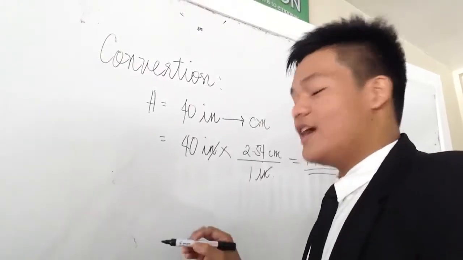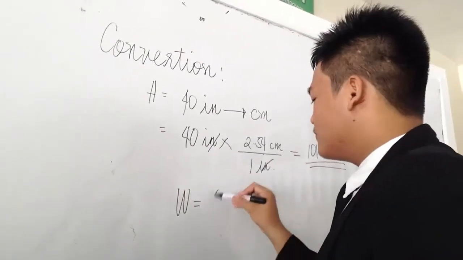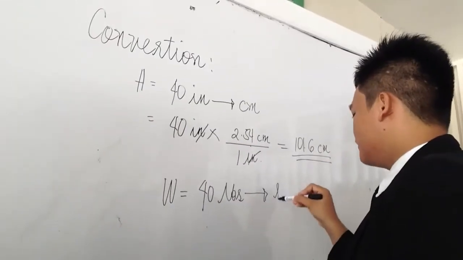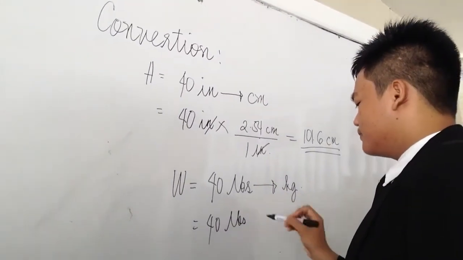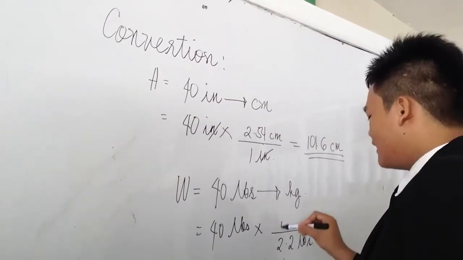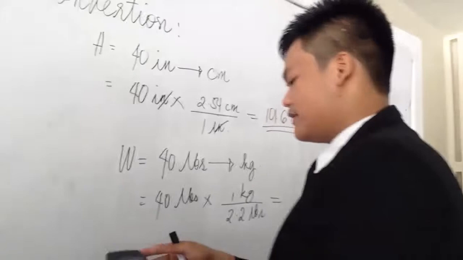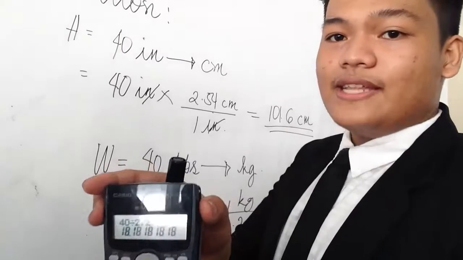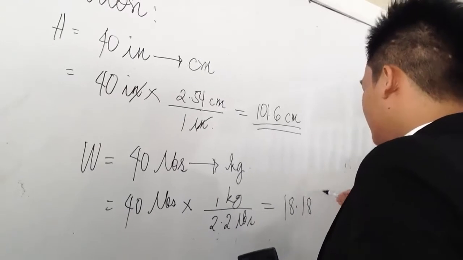So let's convert the child's weight. Okay, so remember, his weight is 40 pounds, and we will convert that to kilograms. So, 40 pounds, there are 2.2 pounds in 1 kilogram. So this is 40 divided by 2.2. So we got 18.18 kilograms.